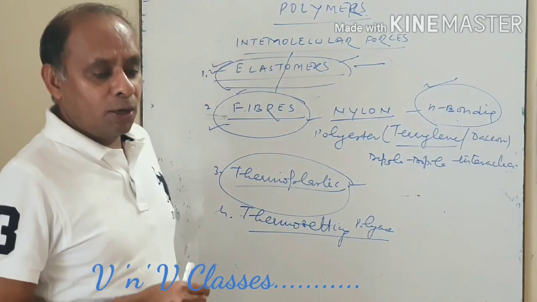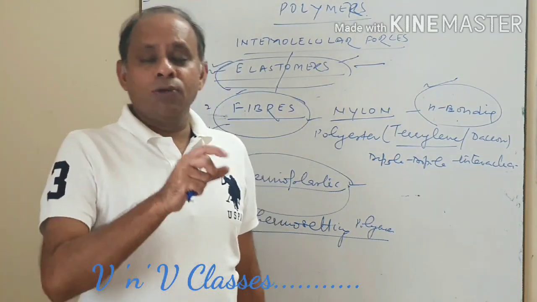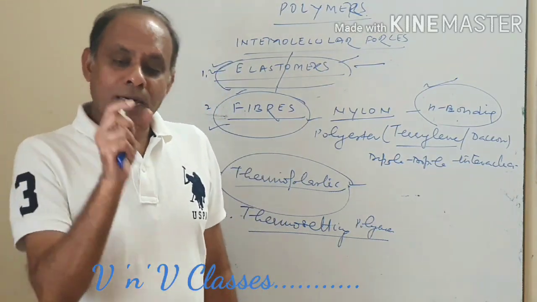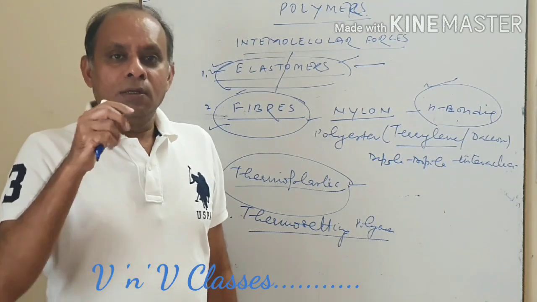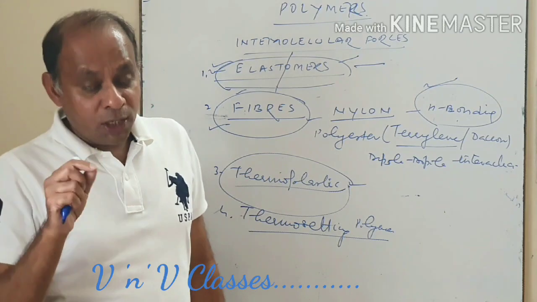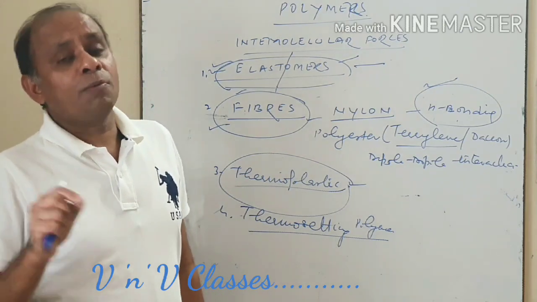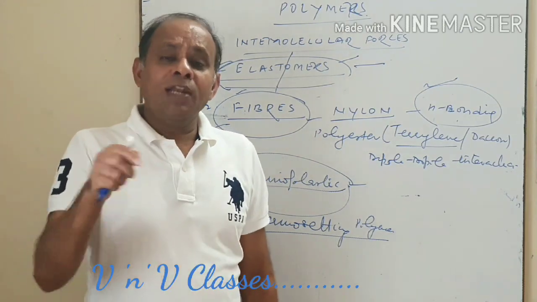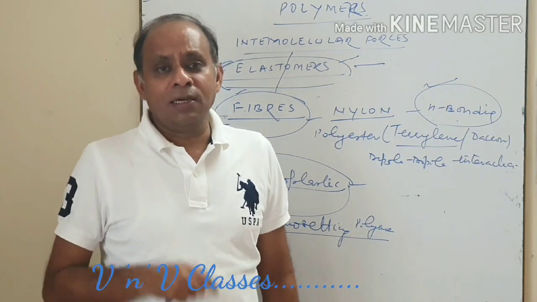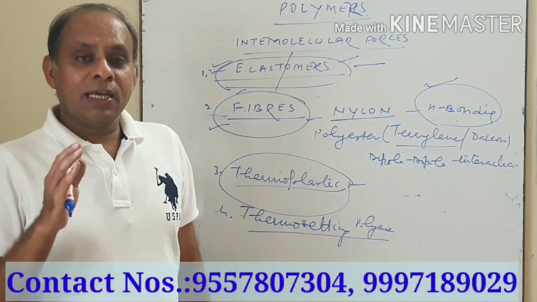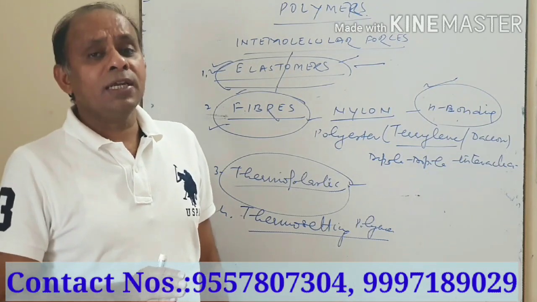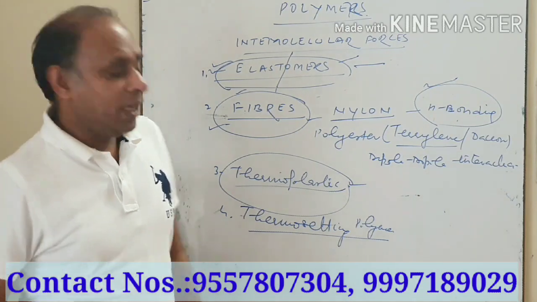When bakelite is formed, during chemical combination when it is heated, what do you find? I just want to tell you here, it is a phenol formaldehyde polymer. When phenol and formaldehyde are heated together, they undergo a permanent chemical change, and they can't be softened on further heating or remolded again.